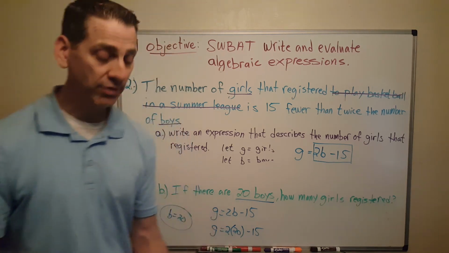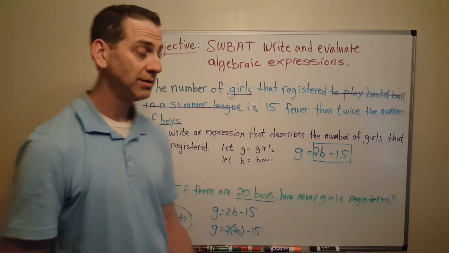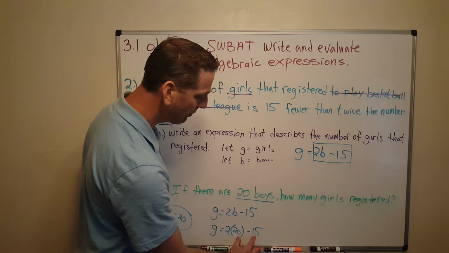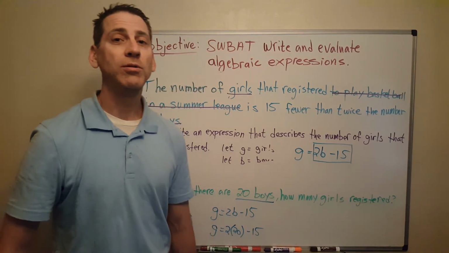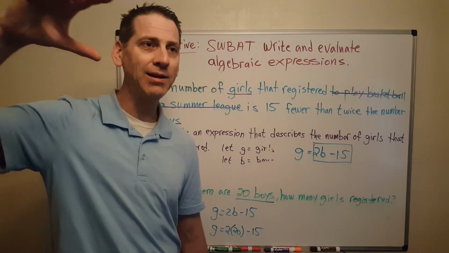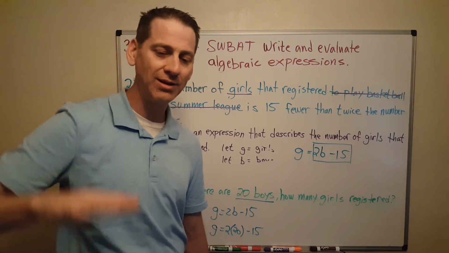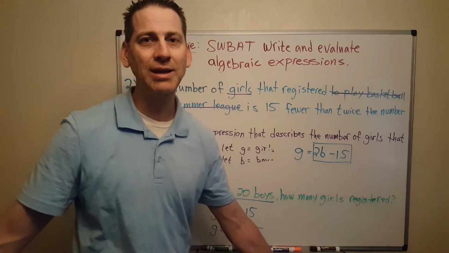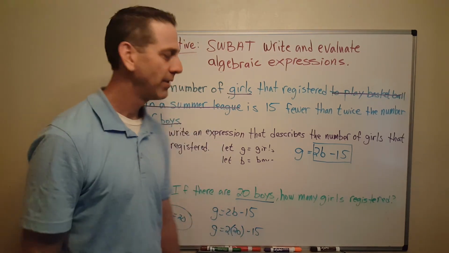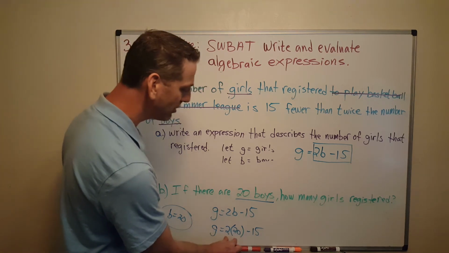Now I just simply have to know my order of operations. Would I subtract here first or would I multiply first? Remember, you just do the most complicated operations first and the simplest ones last.